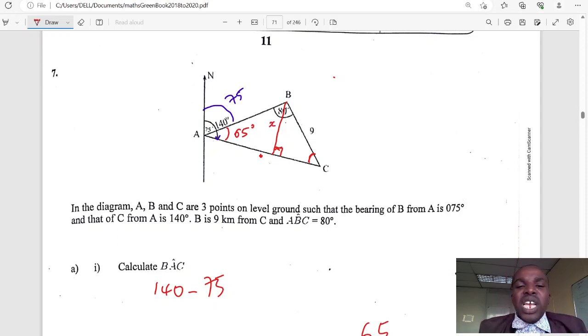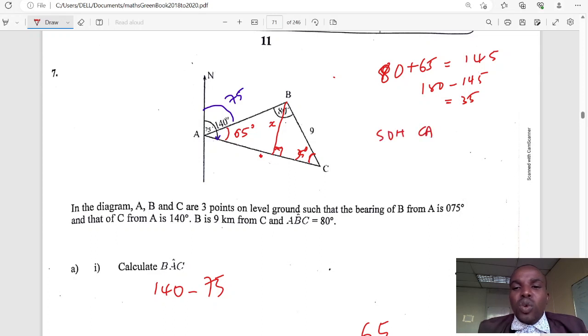You can say this angle is in a triangle, so it's 80 plus 65, which is 145, from 180. So it's 180 minus 145, which is 35. So this angle is 35 degrees. To find x, that's the shortest distance, use the sine rule.